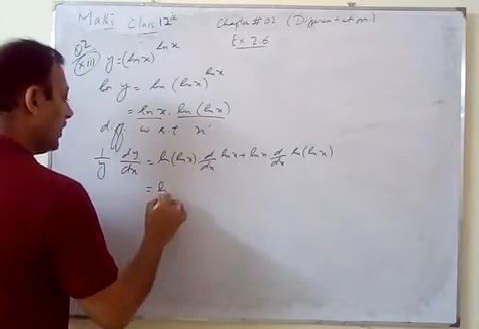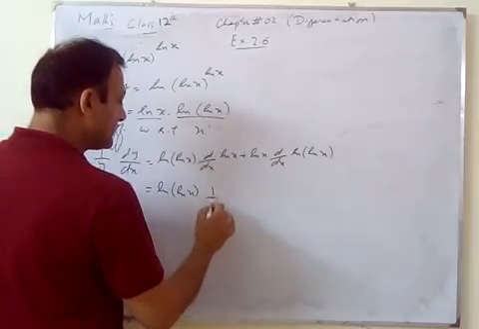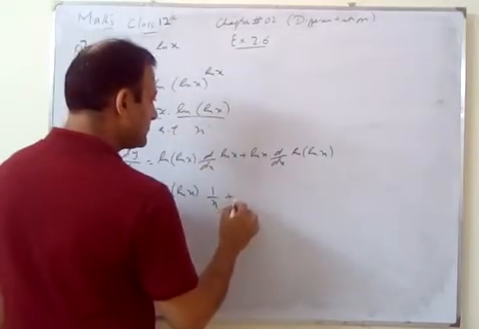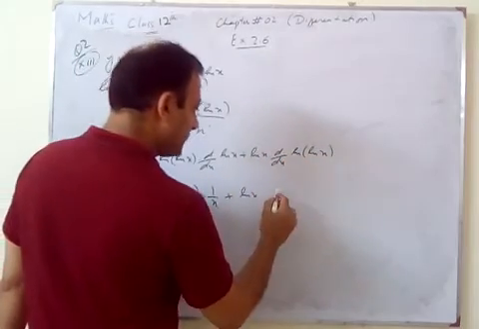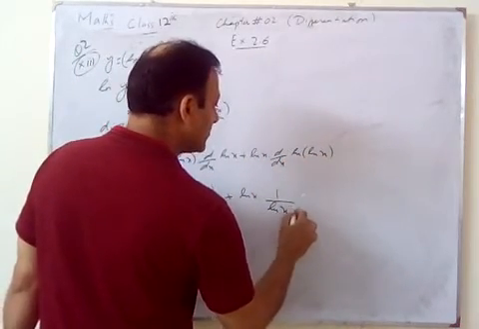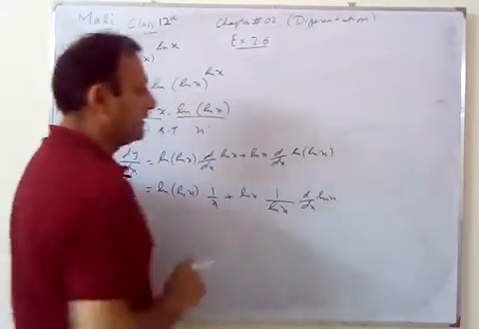So log of x into derivative of log of x, which is 1 by x, plus log of x as it is into 1 over log of x into derivative of log of x.